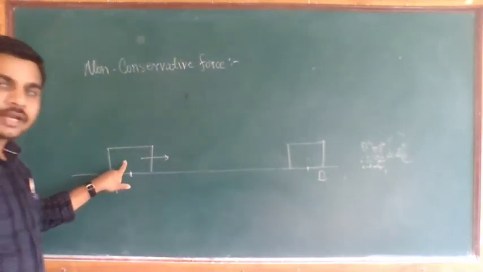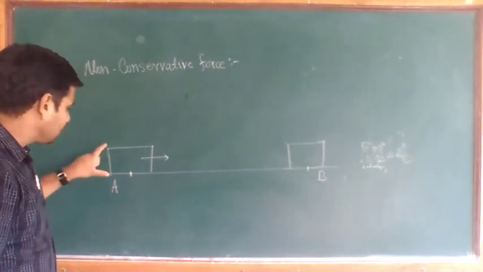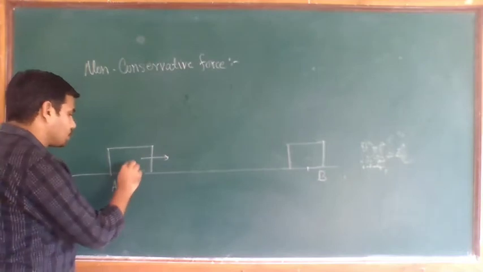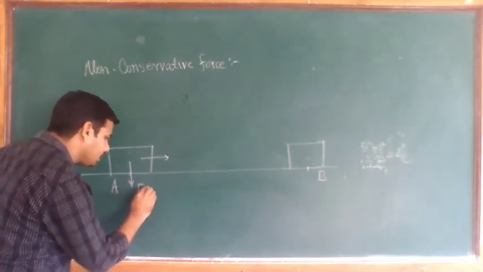At point A, on the block there is the gravitational force, which is exerted in the downward direction.